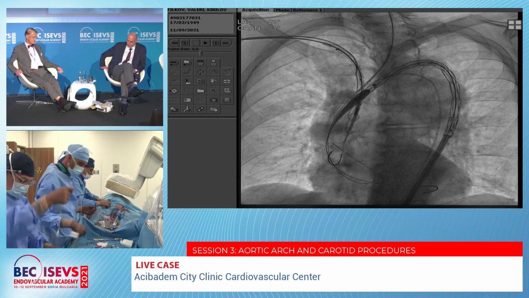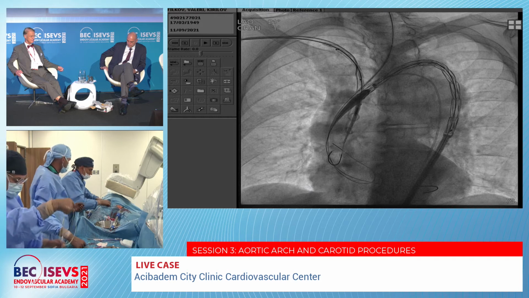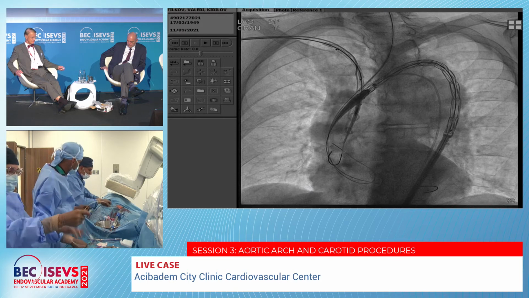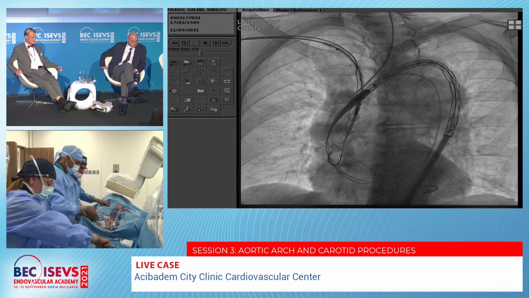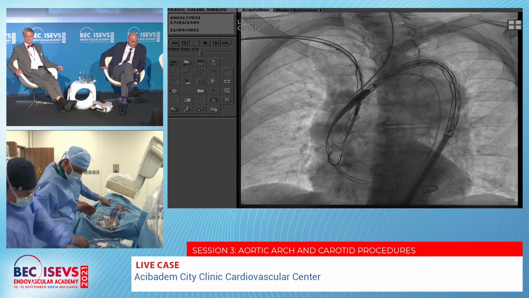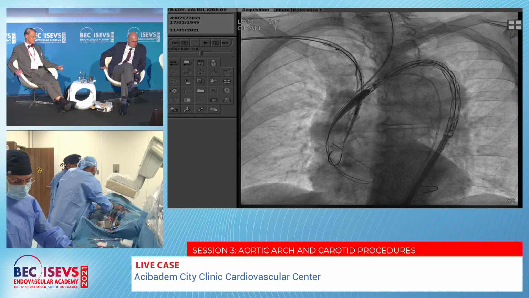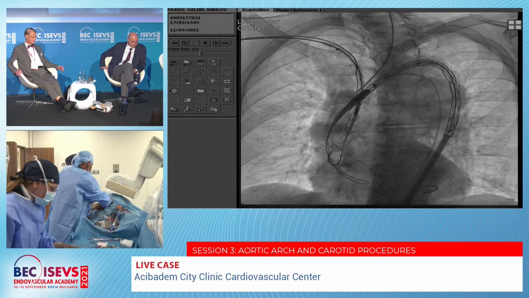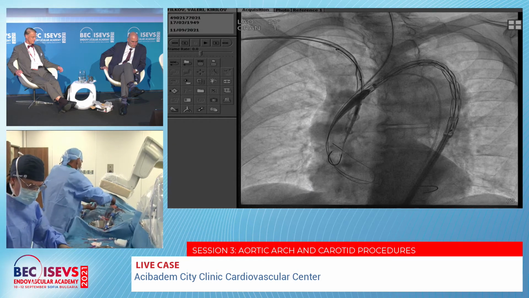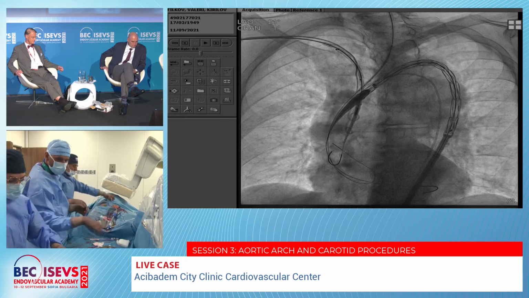And kissing. It's very important for the kissing. What Dr. Stankov is emphasizing is very important, not only during the implantation itself of the aortic graft, but also during the kissing maneuver, because it will be triple kissing, so balloon in both brachiocephalic vessels and within the aorta.